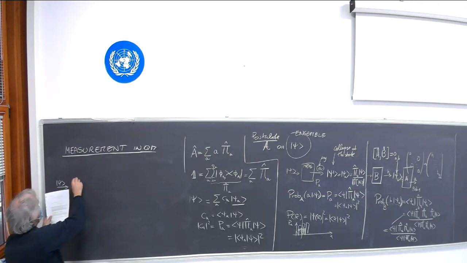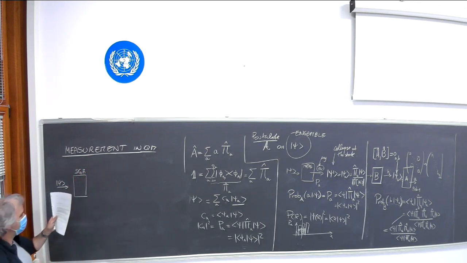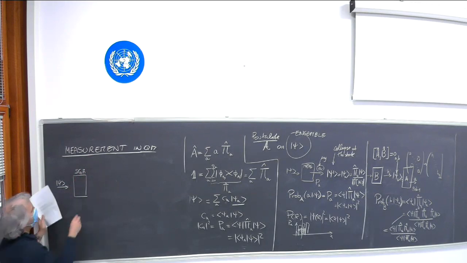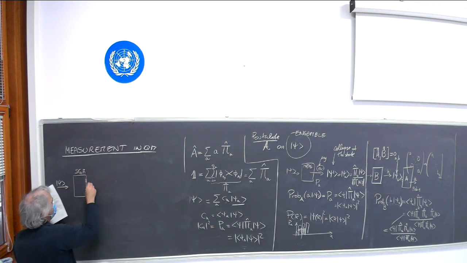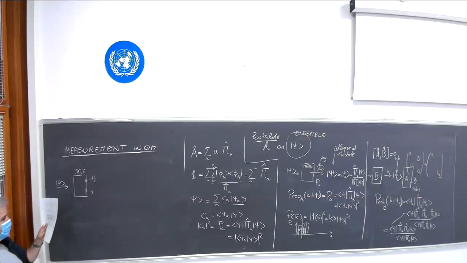I send it to a Stern-Gerlach filter in the direction n, which I will denote Stern-Gerlach n. So there are two holes, and I want to know the probability that the outcome is plus 1/2, and the probability that I get the outcome minus 1/2.